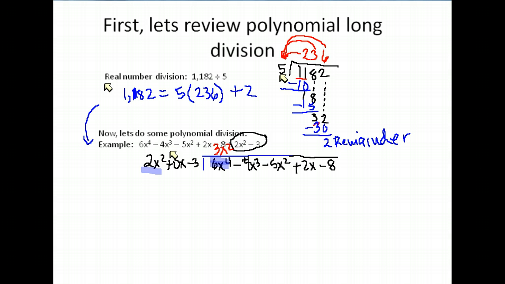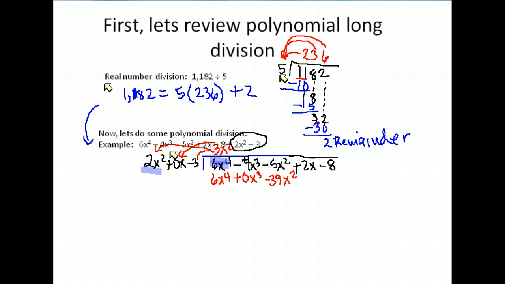So I have 3x squared, and I multiply that. I just distribute it. 3x squared times 2x squared is 6x to the 4th. 3x squared times 0x is 0x to the 3rd. And 3x squared times negative 3 is negative 9x squared.